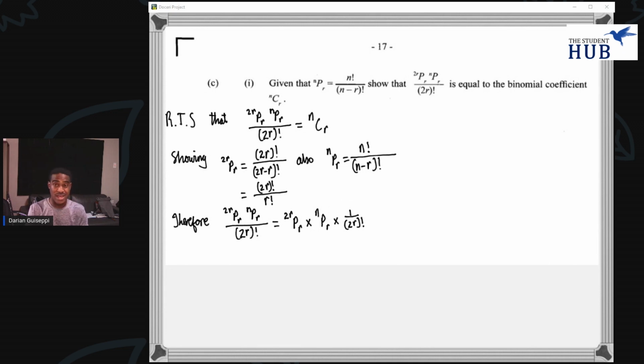And what I'm going to do next to complete the question is substitute what I got for this, which is this here, and then substitute what I got for this, which was given in the question. Then see what terms cancel out each other, and see if we get nCr, which we know should be n factorial over (n minus r) factorial times r factorial.